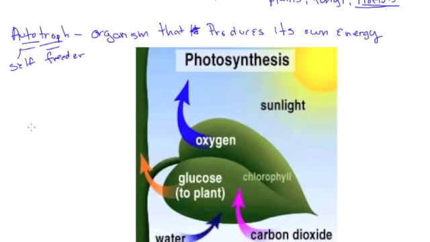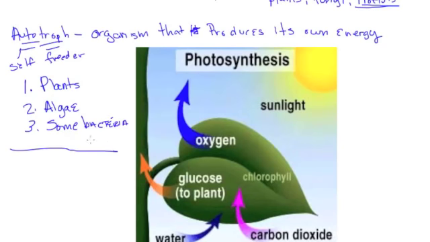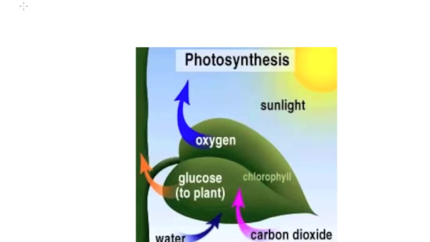Now, there's 3 main things that could be an autotroph. The one you're most familiar with is going to be plants. The second one is going to be algae. And the third one, and least thought of, is some bacteria actually make their own energy. Now, there's 2 real ways that autotrophs can make their own energy. The first one is going to be photosynthesis.